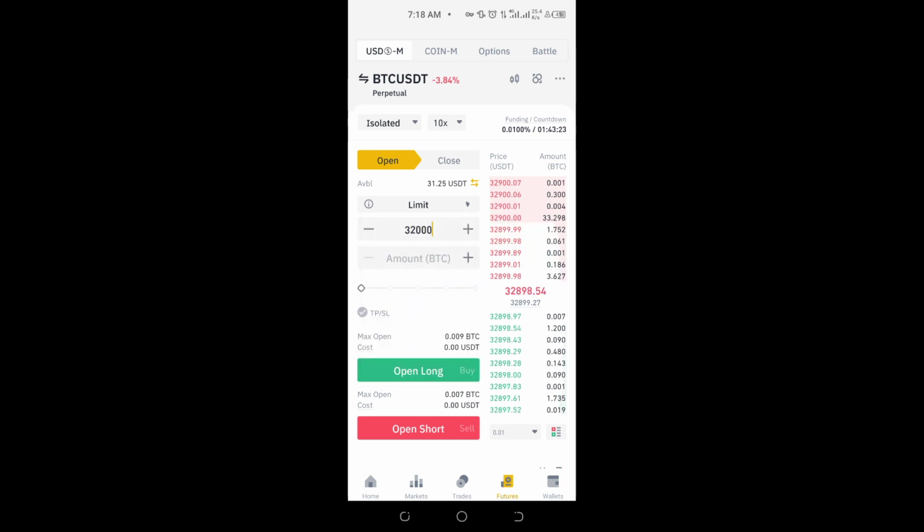So now when you're dealing with a limit, it gives you the possibility to choose your price to deal with in the market, and also it has lower fees as compared to the market. But with the market, it's quick execution.